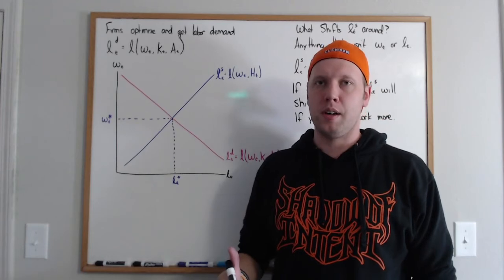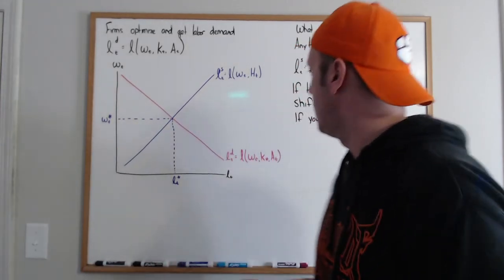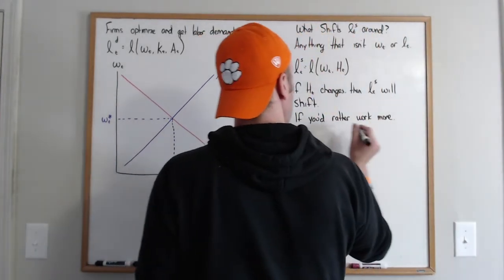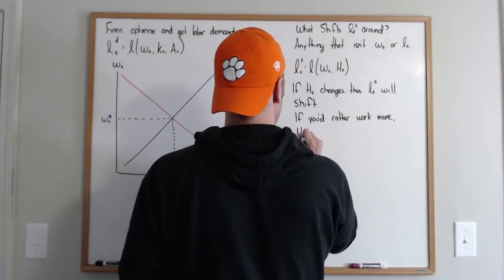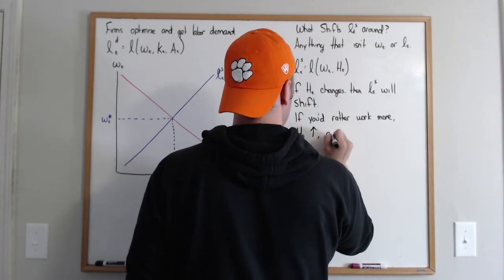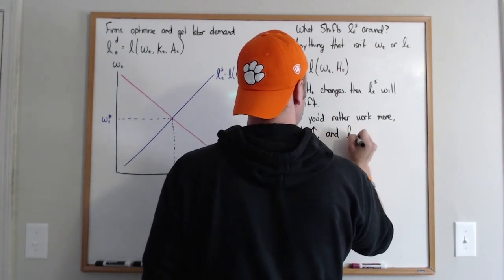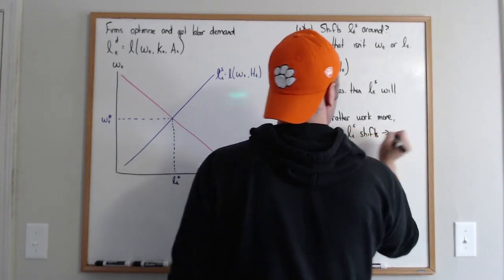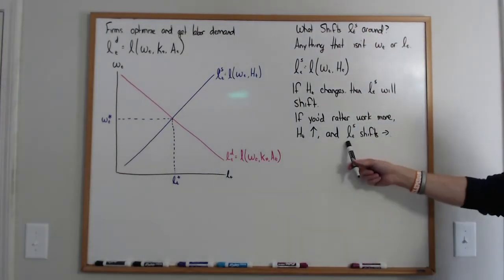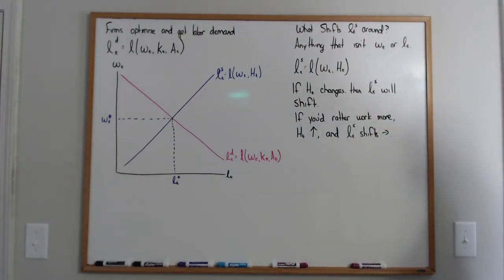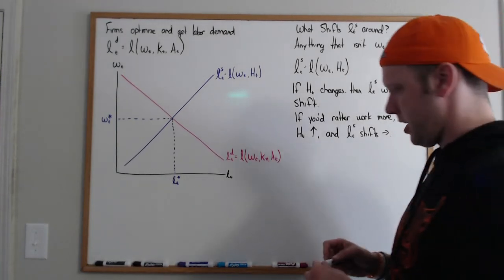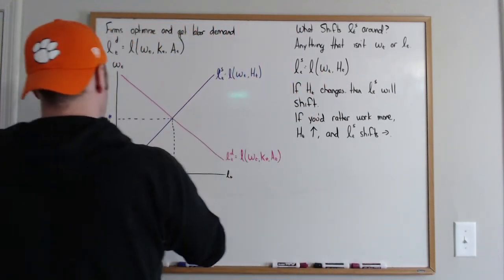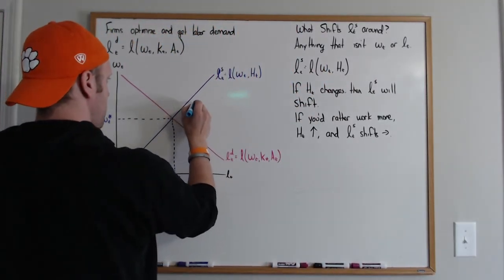I would rather be more productive. Okay, what happens? Well, then HT would increase. HT goes up, labor supply will shift out. So if you decide you want to work more hours, it will just shift outward like this.